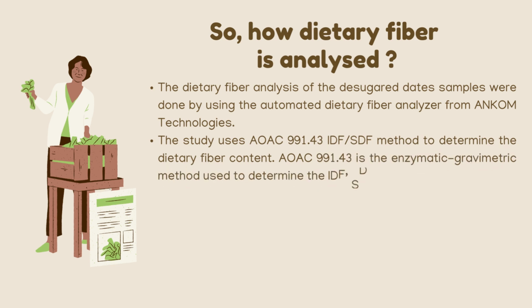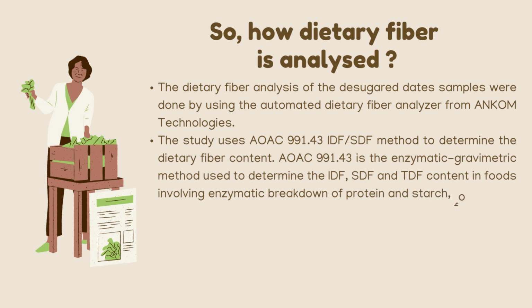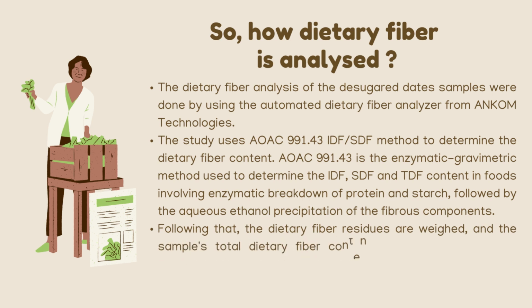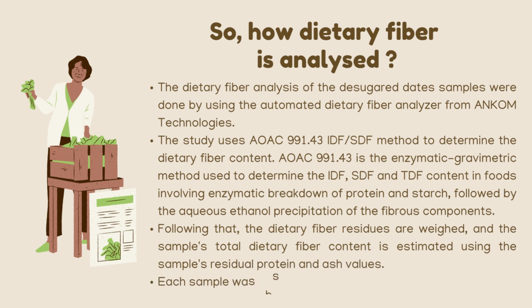AOAC 991.43 is the enzymatic gravimetric method used to determine the IDF, SDF, and TDF content in foods, involving enzymatic breakdown of protein and starch, followed by the aqueous ethanol precipitation of the fibrous components. Following that, the dietary fiber residues are weighed, and the sample's total dietary fiber content is estimated using the sample's residual protein and ash values. Each sample was observed in triplicate.